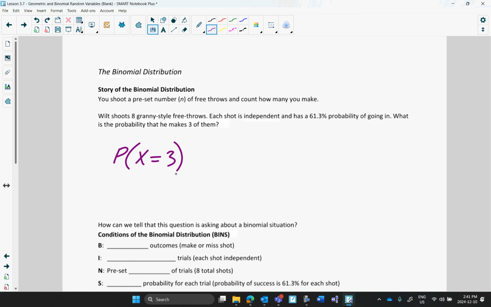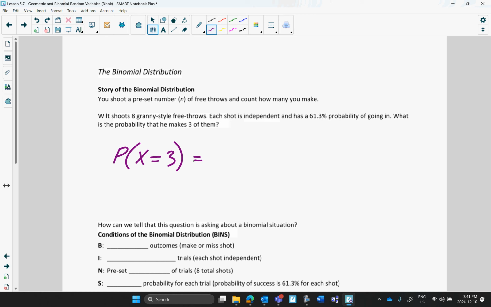Okay, the question is, first, how many different ways can I make 3 shots out of 8? There's a lot. It could be the first 3. It could be the first 2 and the 5th one.